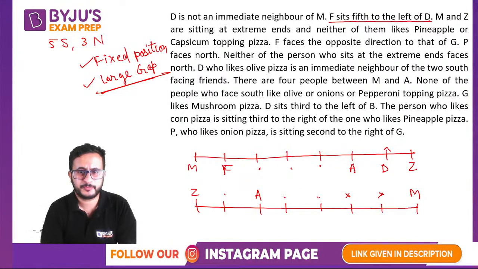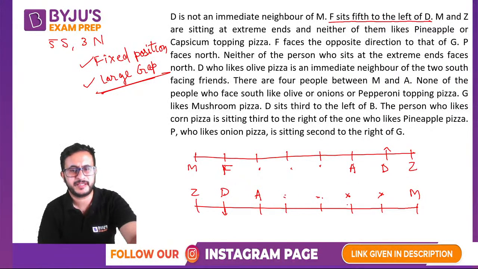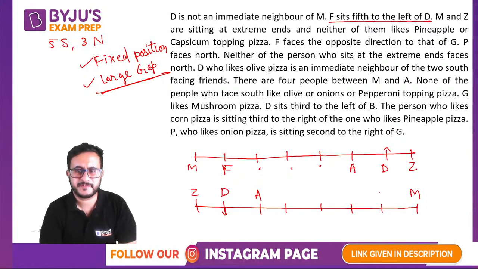We cannot put D here, fifth person not possible. So in this case, we will have D here facing south. If we take D facing south, 1, 2, 3, 4, 5, this will be F in that scenario. So large gap also helps us fix people. Okay, so I place D and F.